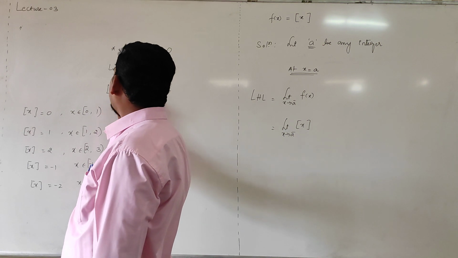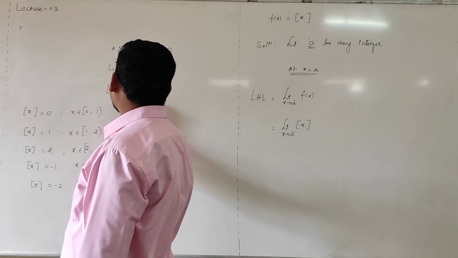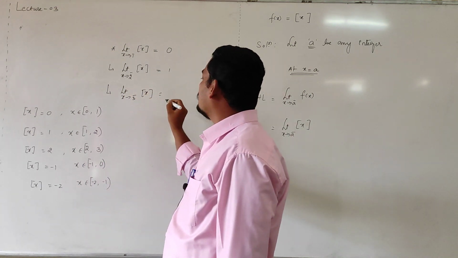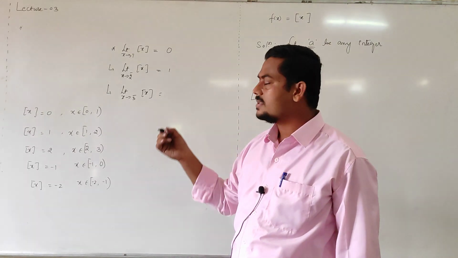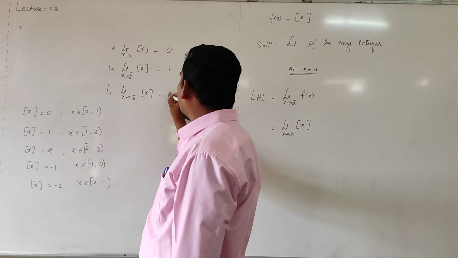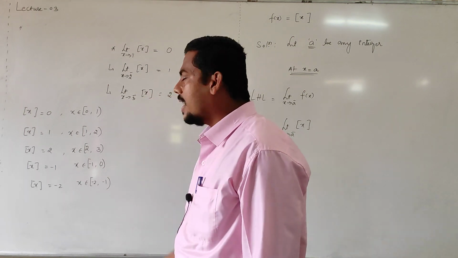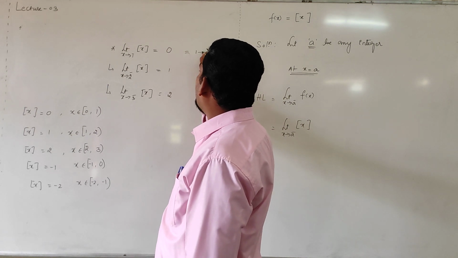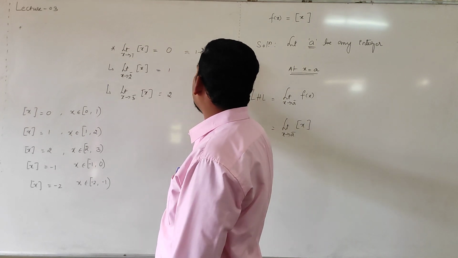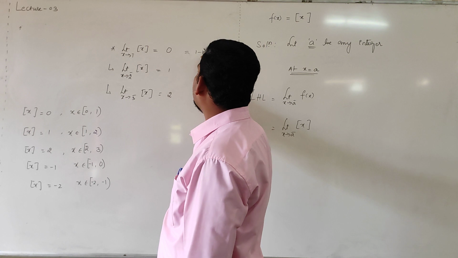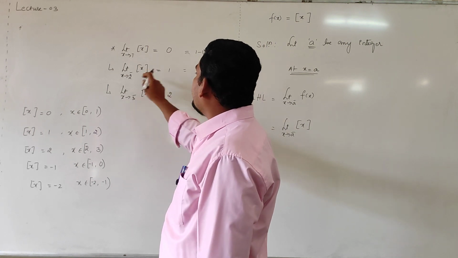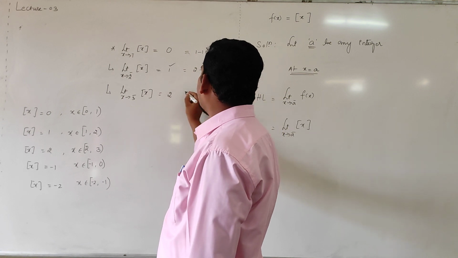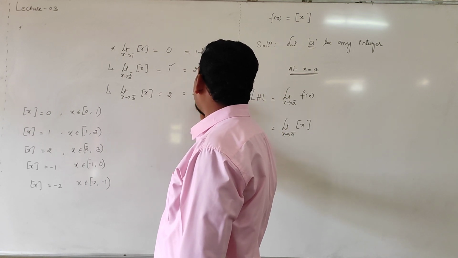Then similarly limit x tending to 3 minus of step x. Clearly it is 2 only, and so on. I will write 0 as 1 minus 1, since tending to 1 minus. This 1 is nothing but 2 minus 1, and this 2 is nothing but 3 minus 1.